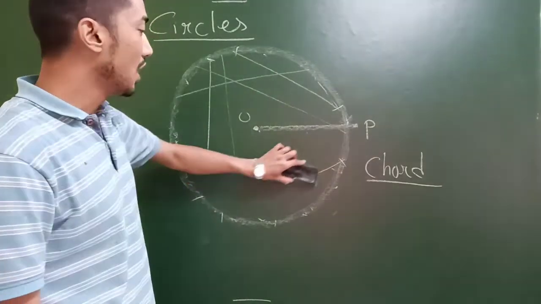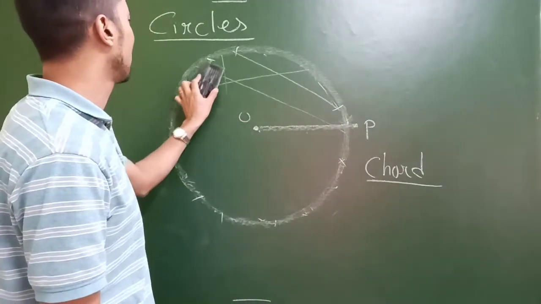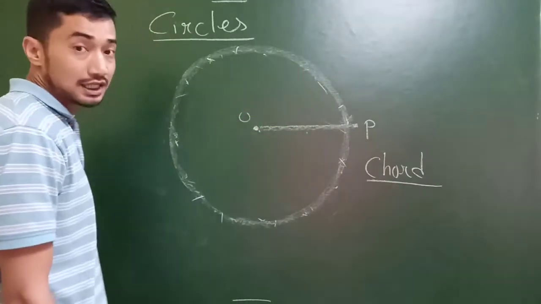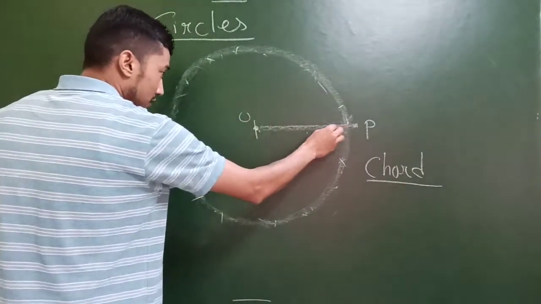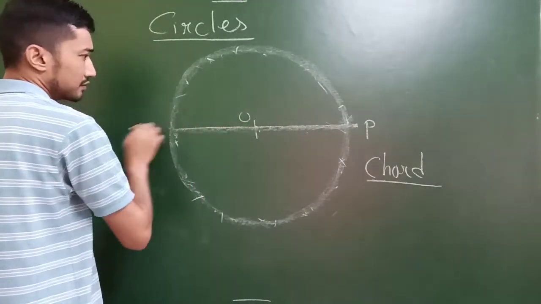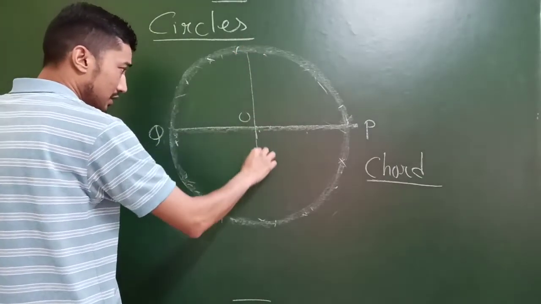Okay, but there is one special chord. There is one special chord in a circle, what is that? This chord that passes through the center. Any chord that passes through the center, what does it become?